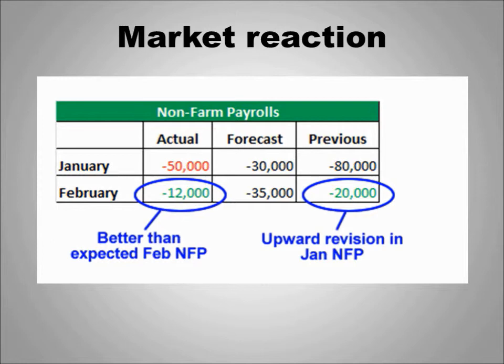So as we can see, in January, the number of new jobs created was 50,000 less. However, experts predicted that there would be 30,000 less jobs created, and the previous, well, was 80,000 less.